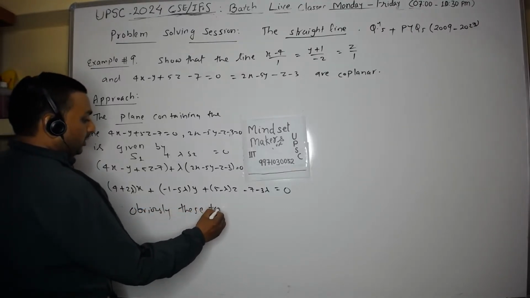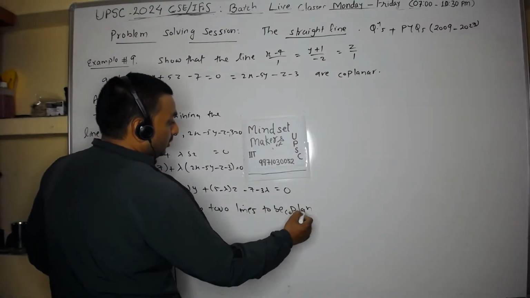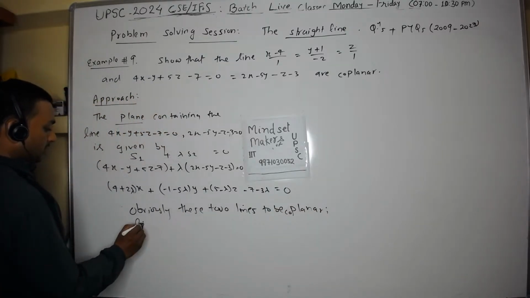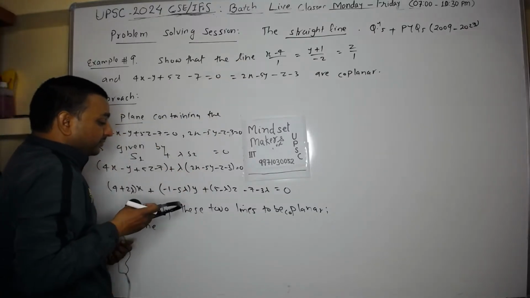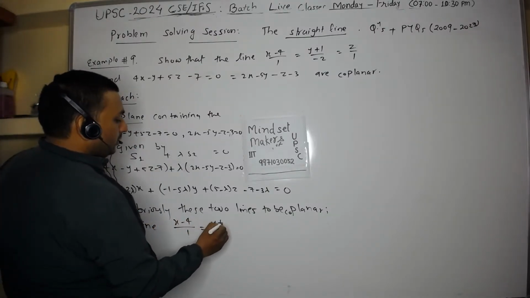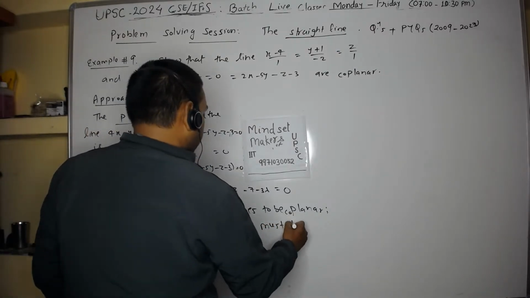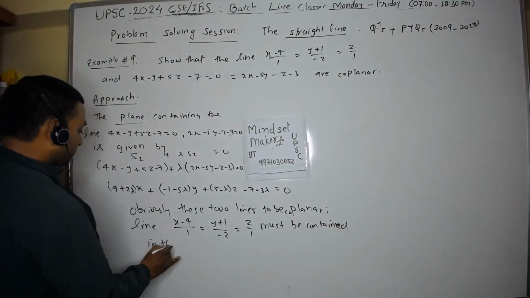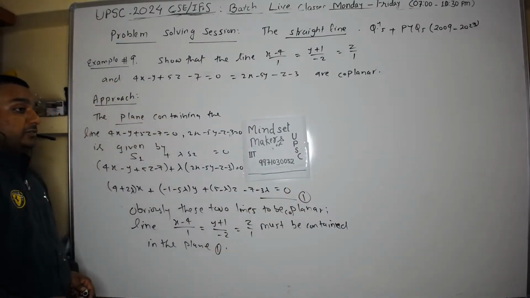ऑब्वियसली, for these two lines to be coplanar, the line must be contained in the plane, right or not?